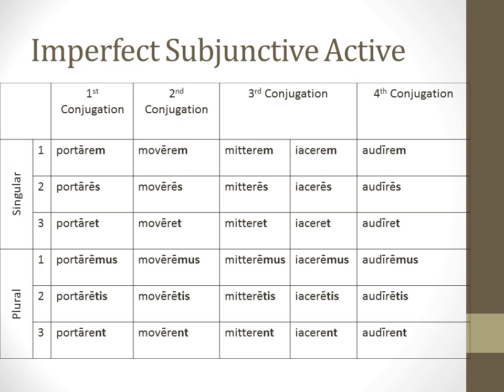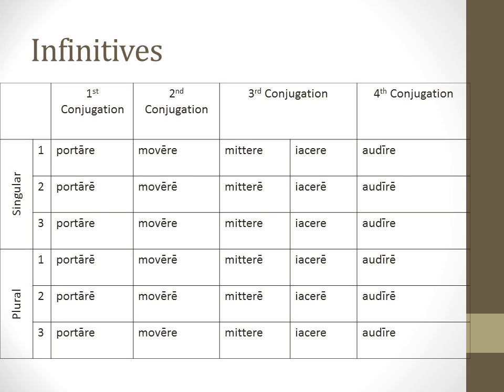Moving to that second conjugation, our verb moveo does mean to move. Take the infinitive movere, add M, S, T, mus, tis, nt, and so those endings and forms should look pretty self-explanatory. Same for the third io, and fourth. Here are the infinitives for those verbs: portare, movere, mittere, jacere, and audire.